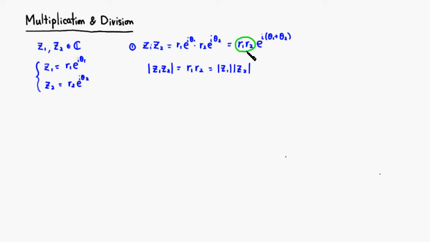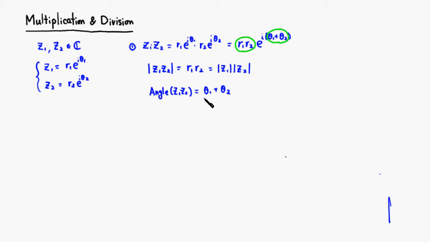And if you look at the angle, I'm going to use this notation, angle of Z1 and Z2. You can see that the angle shows up right here. So this is just theta 1 plus theta 2.